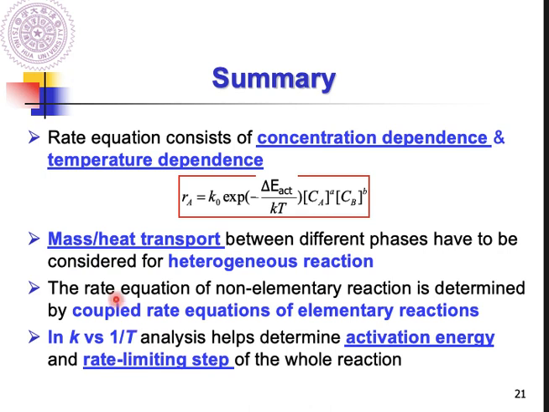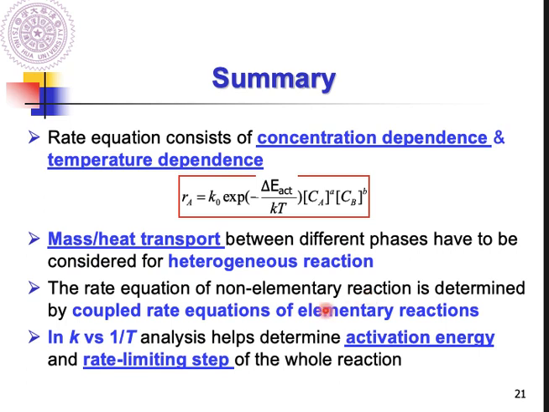And if the one we deal with is non-elementary reactions, because it is non-elementary, you need to reconstruct its kinetics model, which means you need to find out which two or three elementary reactions it is composed of.